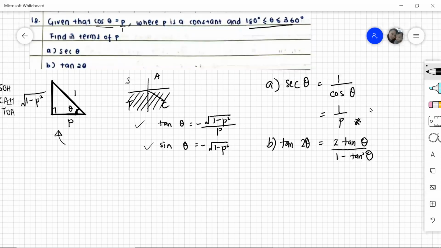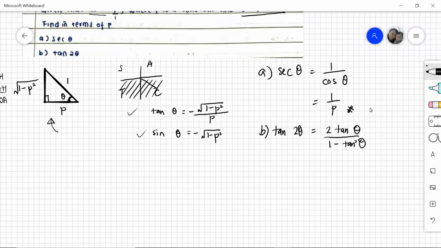Probably we find the tangent squared theta first. So the tangent squared theta will be, we got to square the tangent theta. Square this one, which gives us negative, after we square it becomes positive.